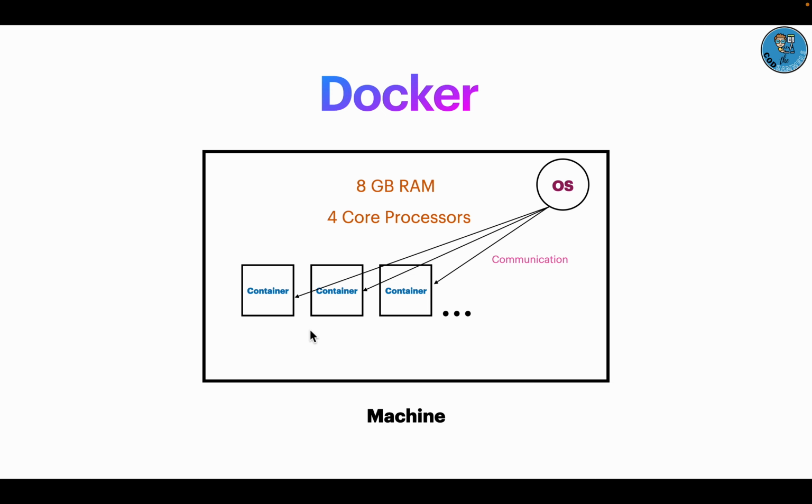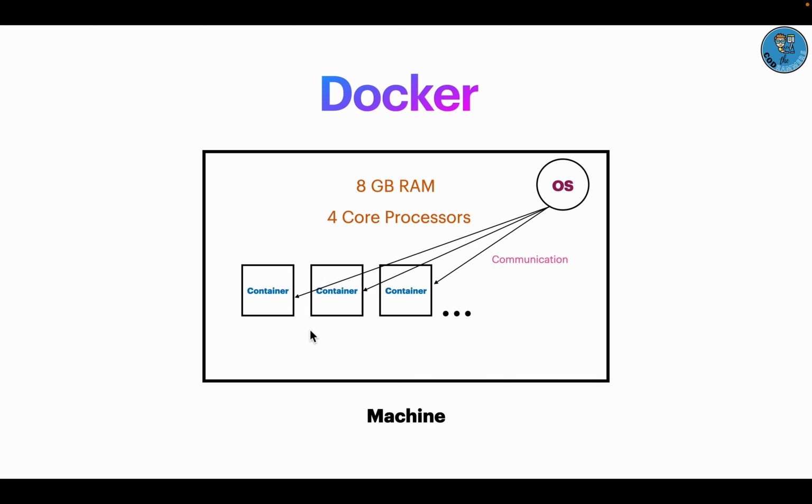For example, let's take a Django application. What do we need for a Django application to run? First we need the Django application, then we need a Postgres database, and in the real world we also need a Redis server and many other servers. So for running a single application, we need many containers: one container for the Django application, one for the Postgres database, and another for the Redis server or any other things.